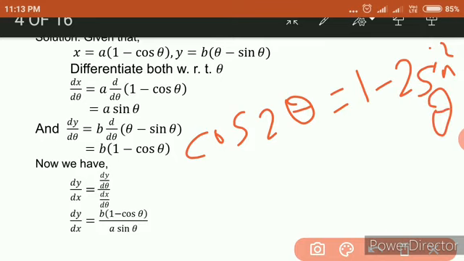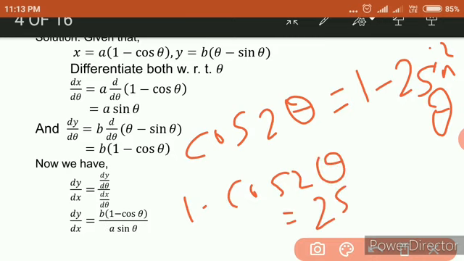So from this we get the value of 1 minus cos 2 theta is equal to 2 times sin square theta. If we compare here, we observe 2 theta is theta. And so the value of this bracket 1 minus cos theta is 2 sin square theta by 2.